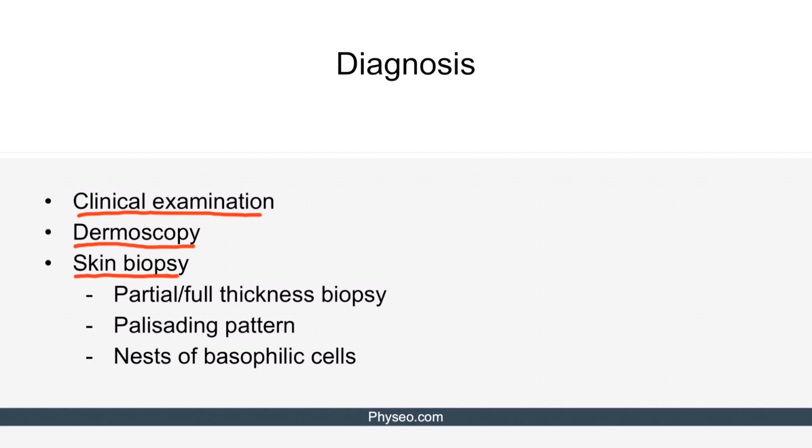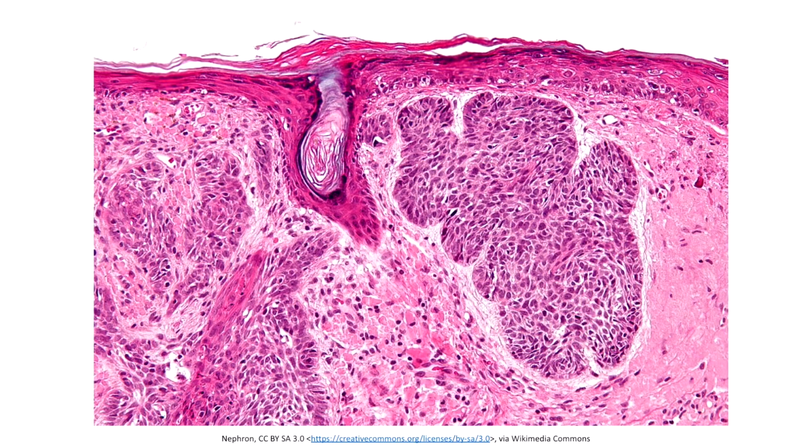On histopathologic examination, peripheral palisading pattern of the basophilic cells can be seen. Here's a histopathologic picture of basal cell carcinoma. Notice the nests of those basophilic cells, and those are the tumor cells. Also notice the peripheral palisading pattern of the tumor cells, meaning that the tumor cells are lined up parallel to each other on the periphery of the lumen.